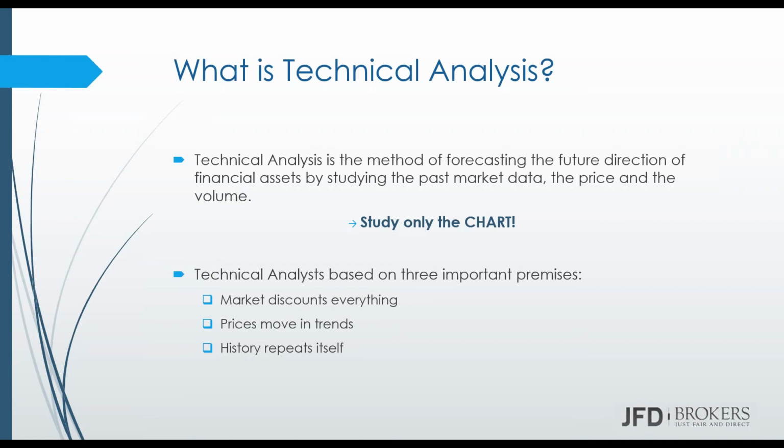What does this mean? This means that all the fundamental and economic factors in general that affect the market, even the market psychology, are reflected in the price of the security. Thus, just a chart with the price movement is enough to forecast the future direction of the price.